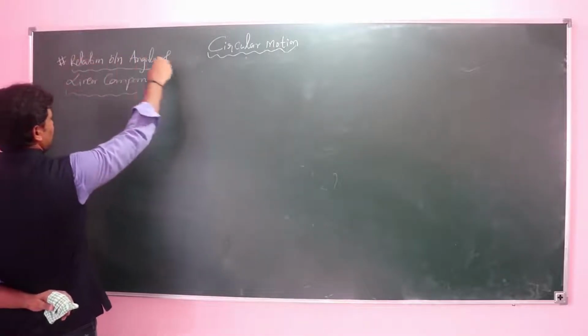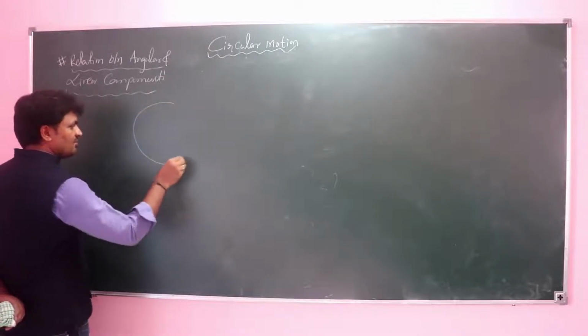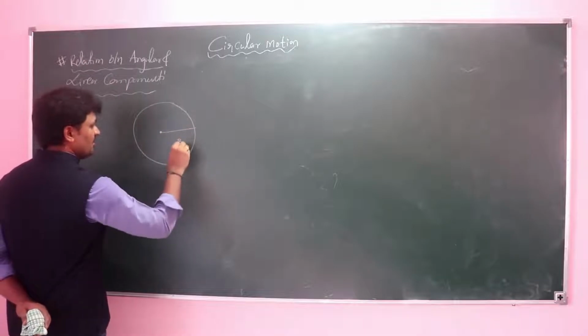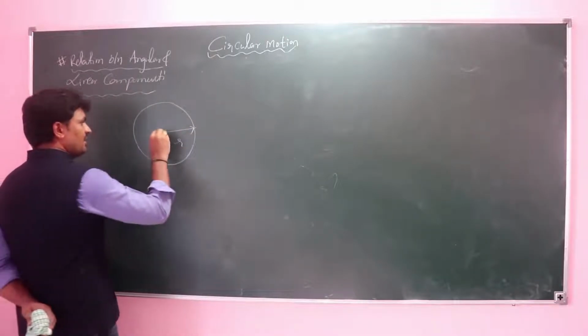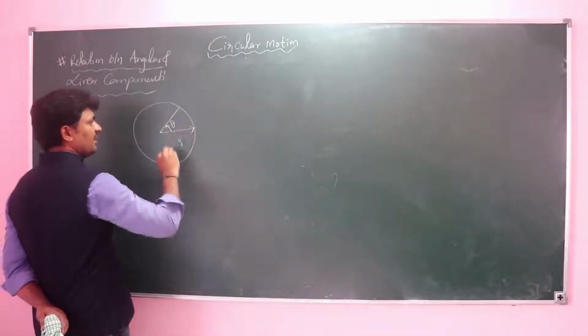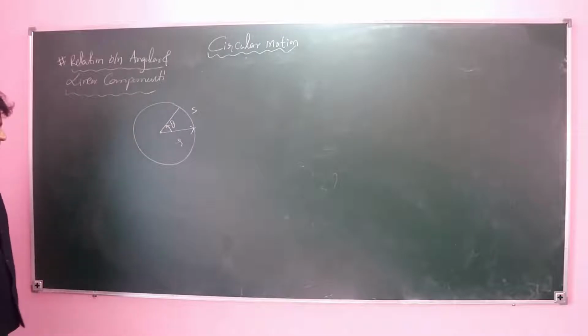Let's see the relation. Here I am considering a particle moving along the circumference of a circle of radius r, completing the circular path from here to here, making an angle theta, and the angular displacement or the arc length is s.